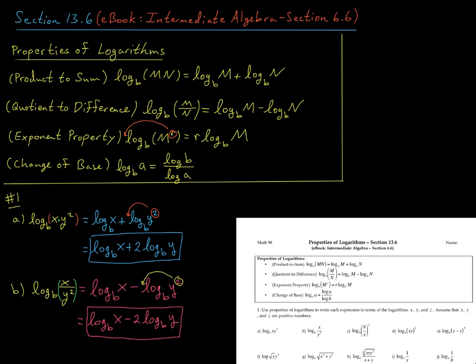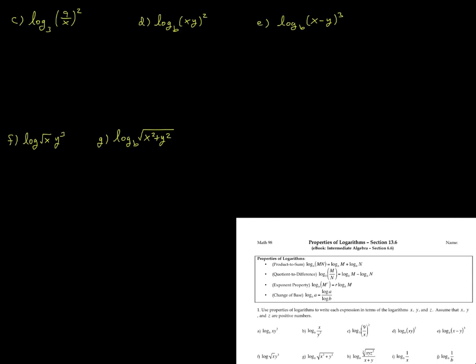So let's go ahead and move on to part C. We have log base 3 of 9 over x, and then that quantity is being squared. So again, I see there's this exponent of 2, so I'm going to go ahead and pull this out in front.